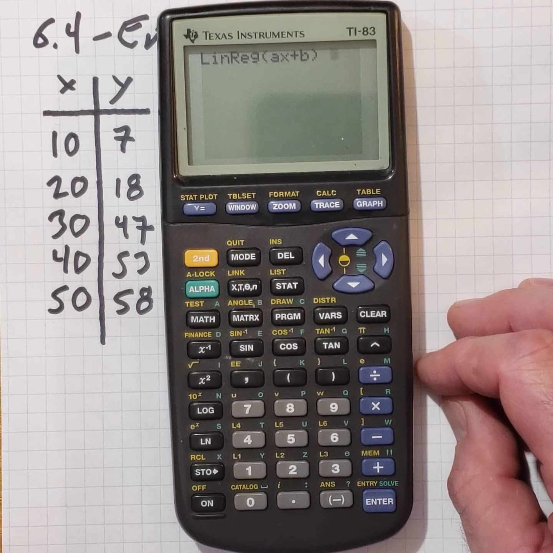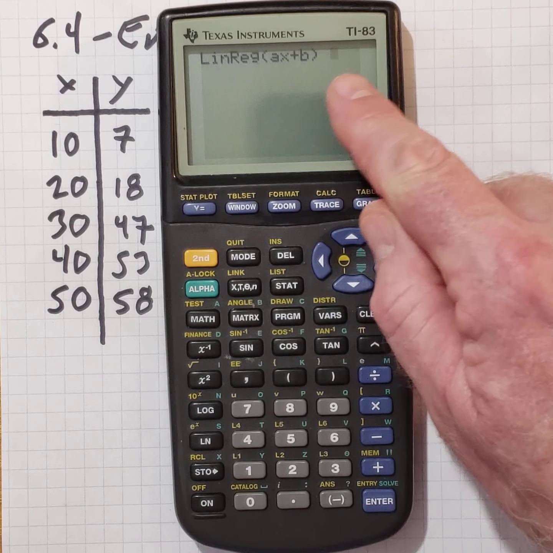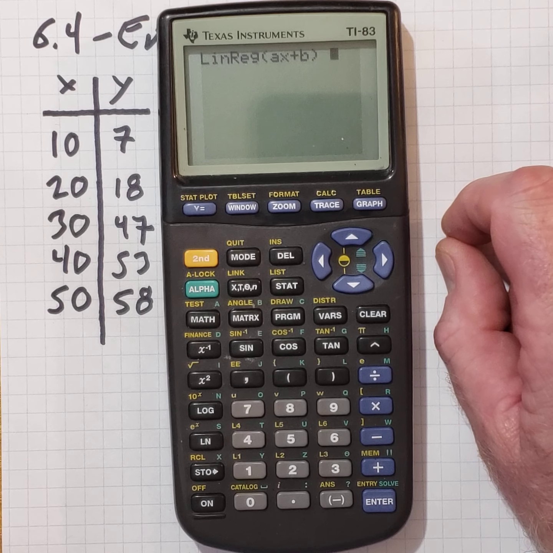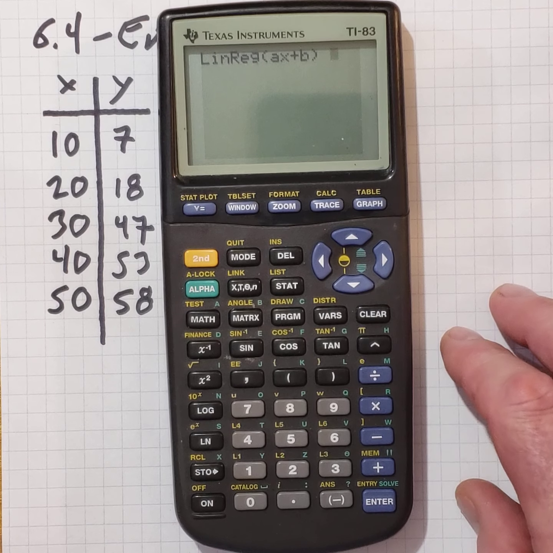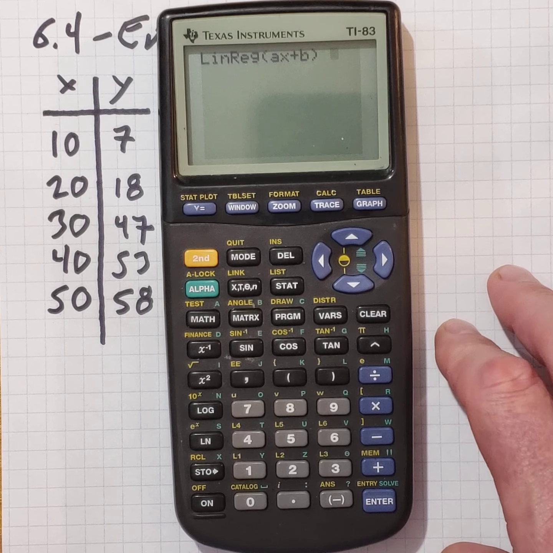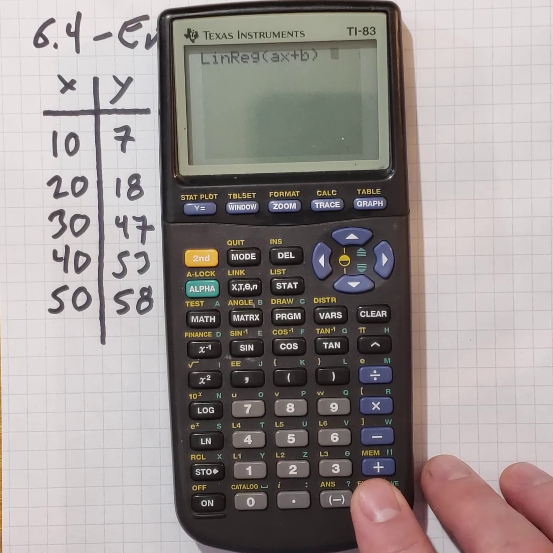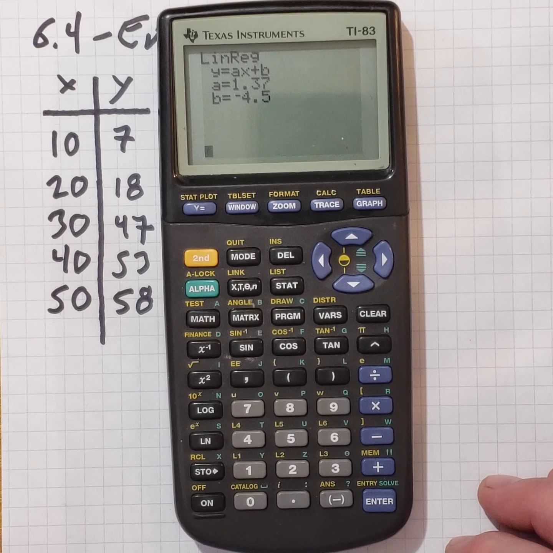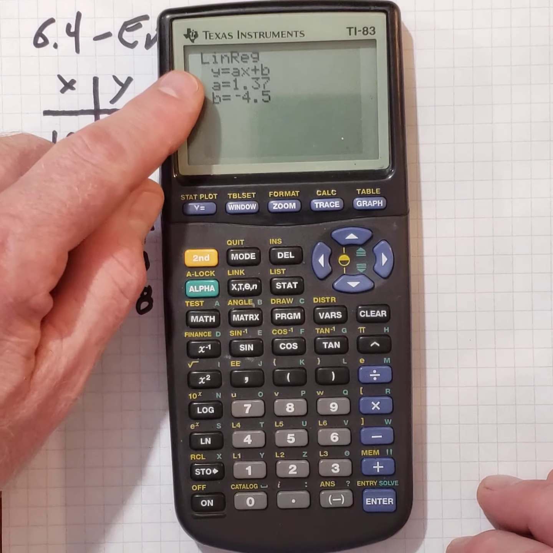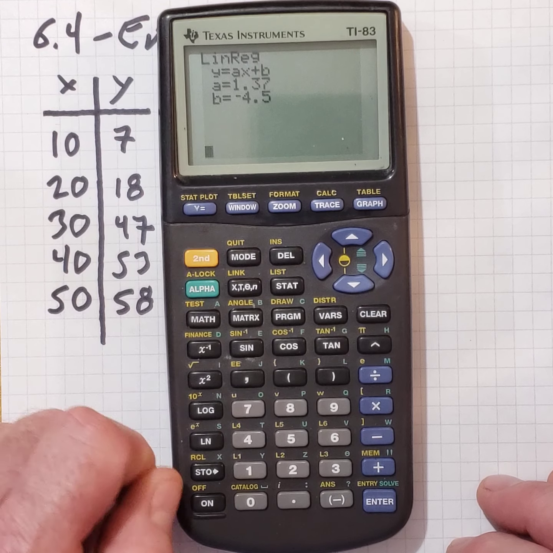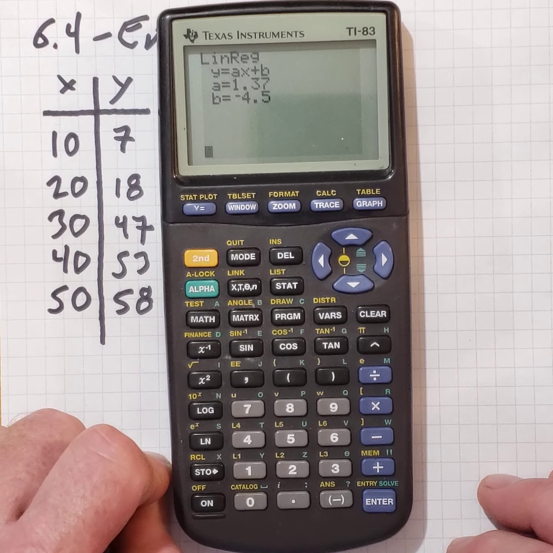So linear regression, it's asking us now, what lists do you want to find the line of best fit for? Notice there were more than just 2 lists, but if we don't enter anything here, it will assume list 1 and list 2. So let it assume that, and it will give us y equals ax plus b, a equals 1.37, b equals -4.5.